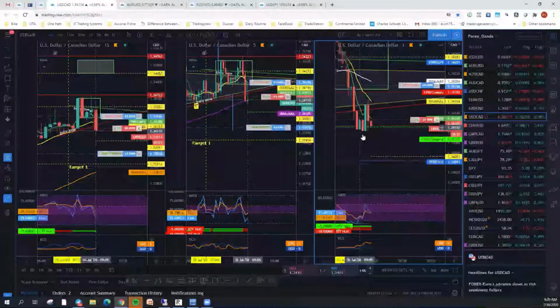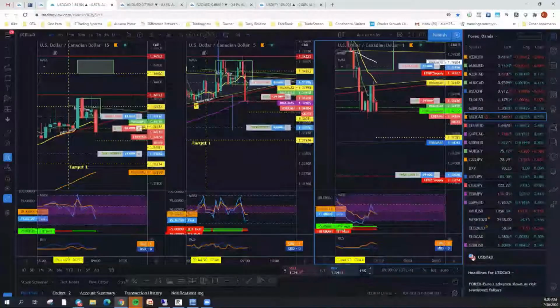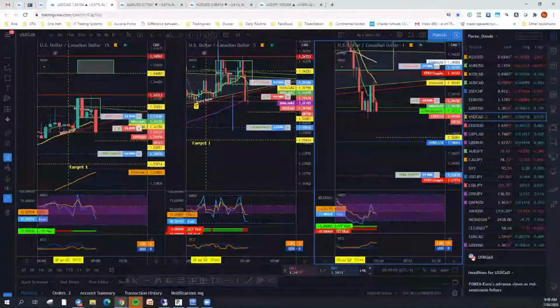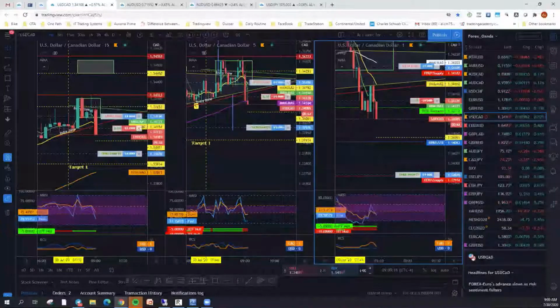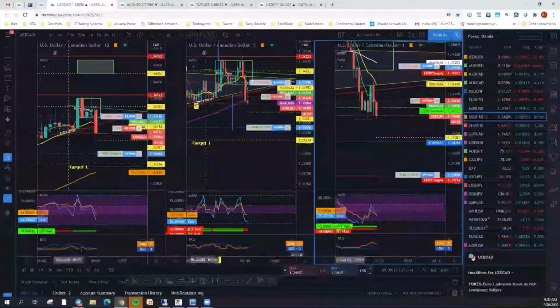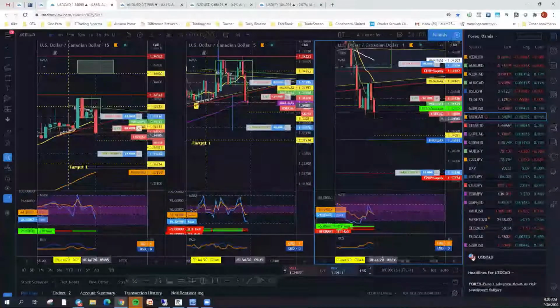So there's a little bit of a battle going on right at this mark. I don't have my 3-point spread here anymore, nor here, nor here. Right now, the CAD and the US are fighting for last place. So I say if you can get your 7 pips, take it.